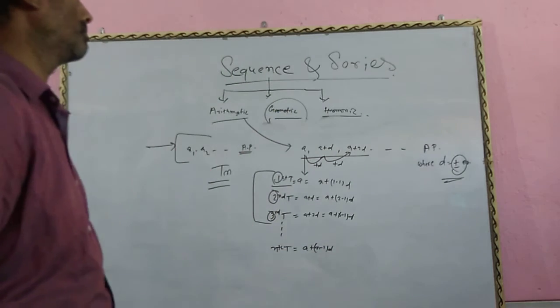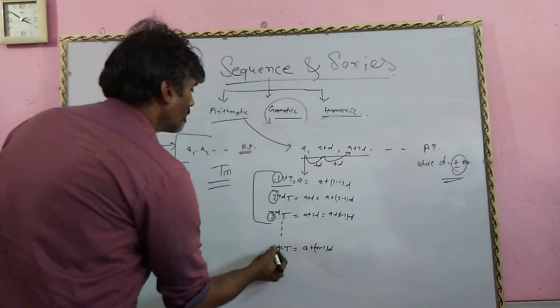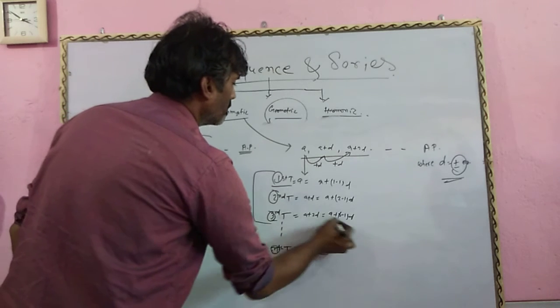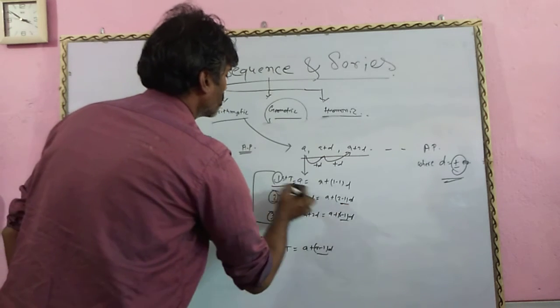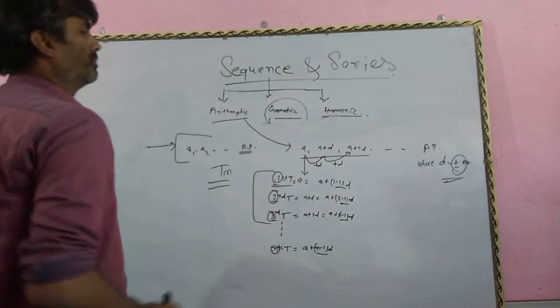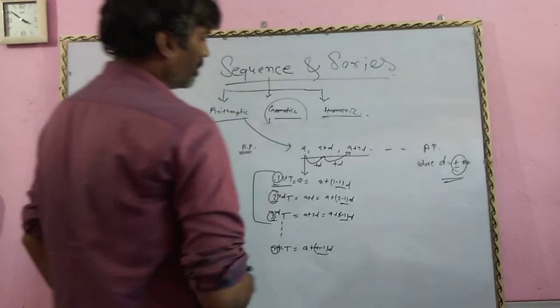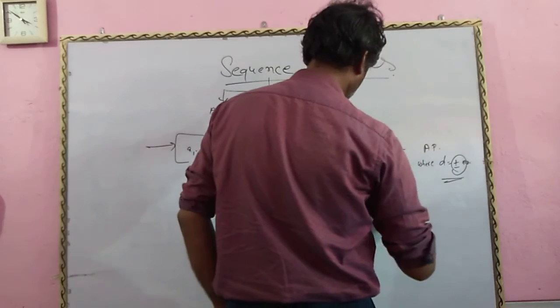Repeat. This n minus 1 into D, this 3 minus 1, this 2 minus 1, this 1 minus 1. What did you find out here?